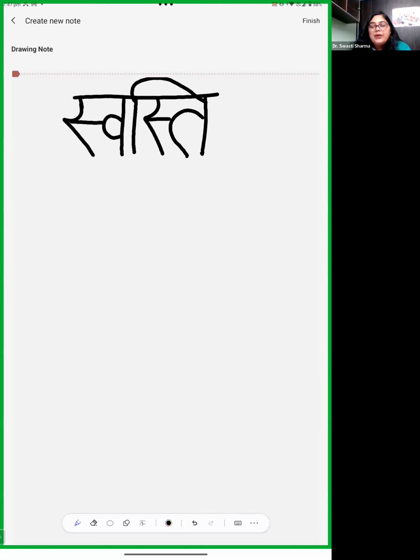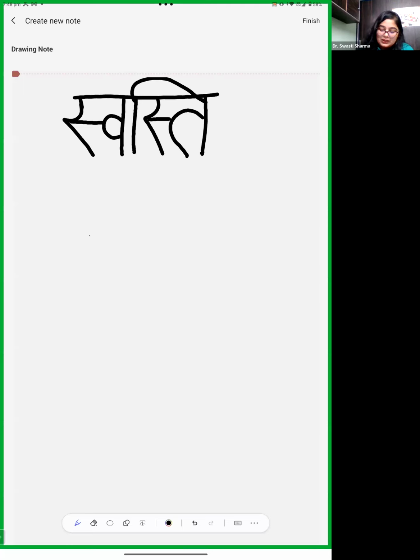Now, what happens in the Sharda script? The things are going to the lower side. Here the sa is half and we are making it half. But in Sharda, the first letter is full. The second letter will be connected to this one in the lower side, and this letter will be in a shortened form.